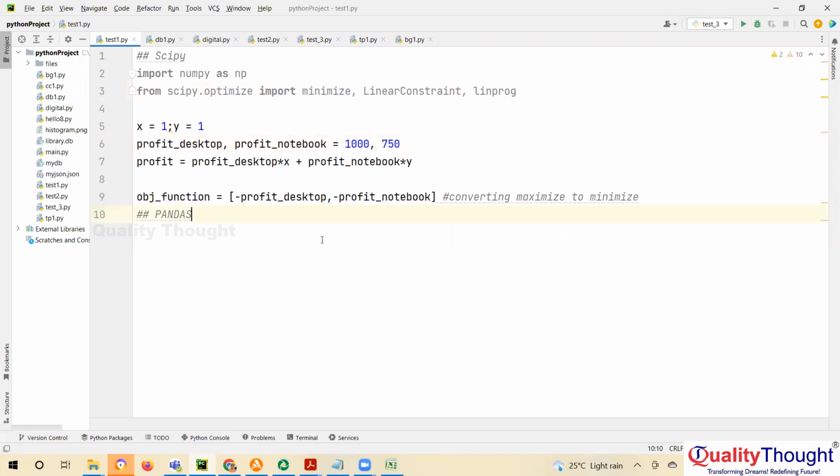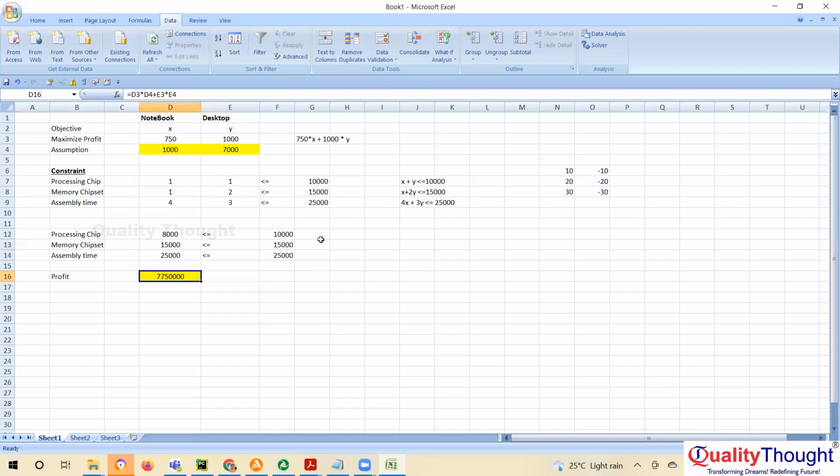Now we will write our constraints. The objective function is ready, so we'll have the left-hand side constraint. It is a matrix with 3 constraints. The values are 1, 1, 1, 2, 4, 3.